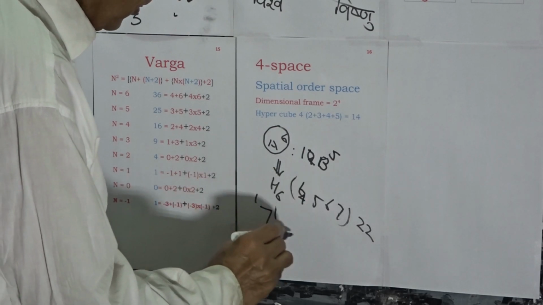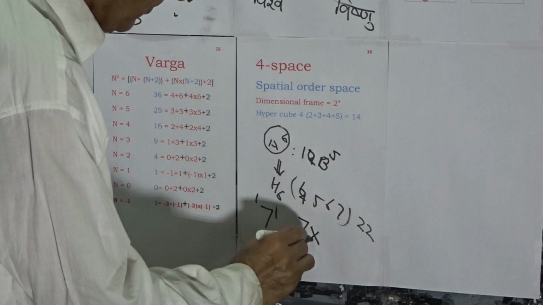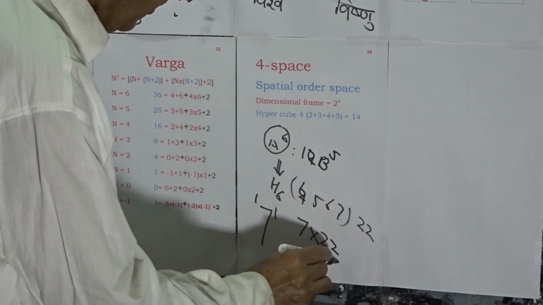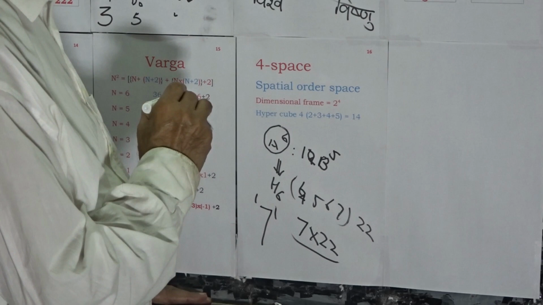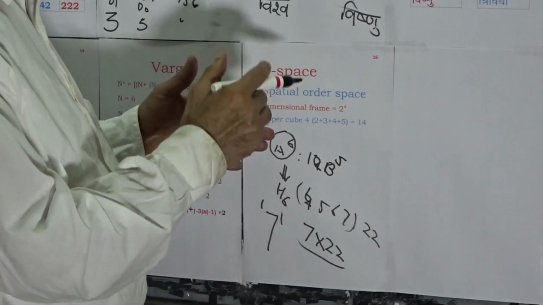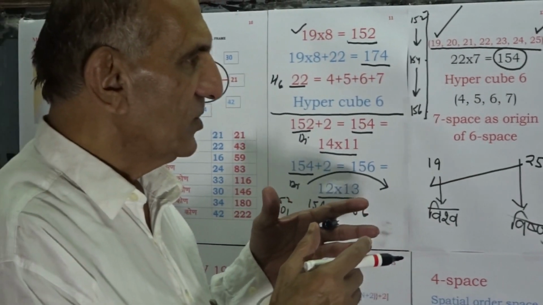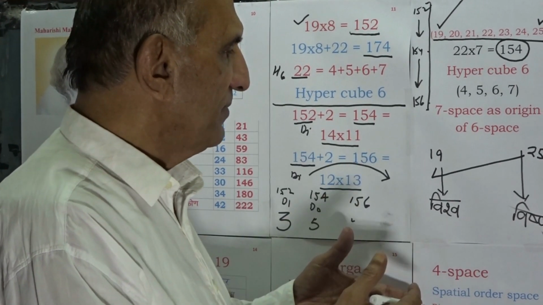As such, it is going to lead us value 7 into 22 is equal to 154. It is this reach which deserves to be imbibed.